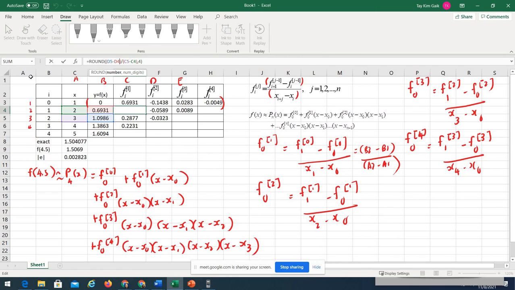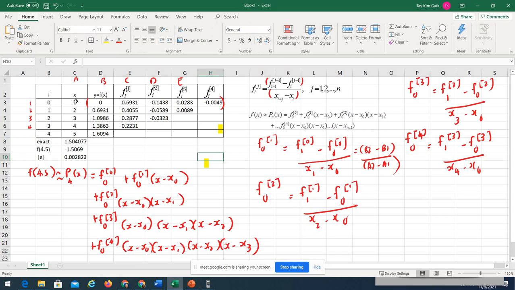If you have only four data, you see the yellow color only.